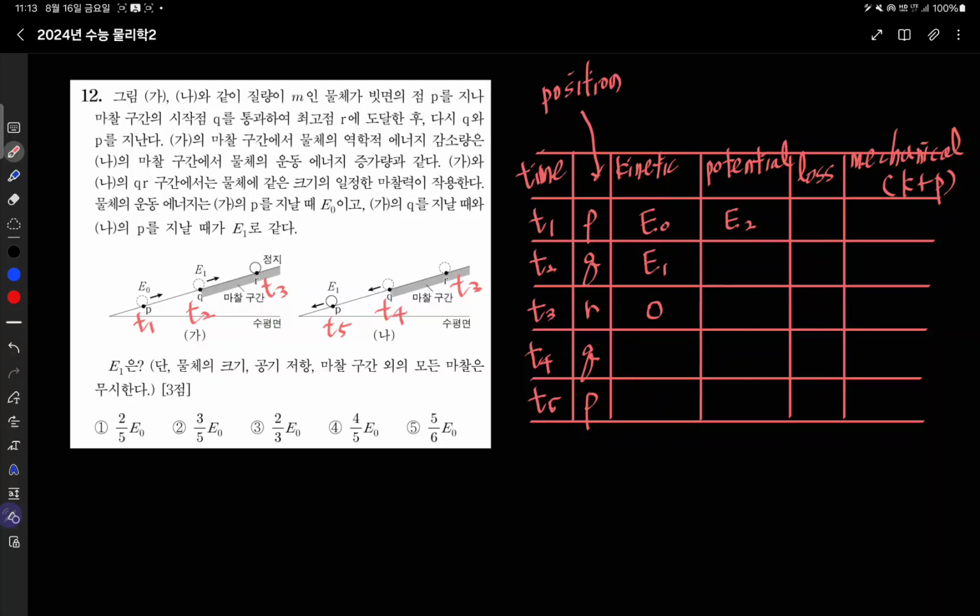So at first, this object has the mechanical energy, the sum of E0 and E2. When the object is at the position Q, at this interval there is no loss of energy, so it still has the same amount of mechanical energy. That means to find the potential energy, we can subtract kinetic energy from mechanical energy.